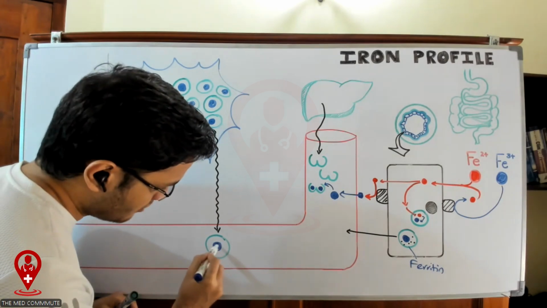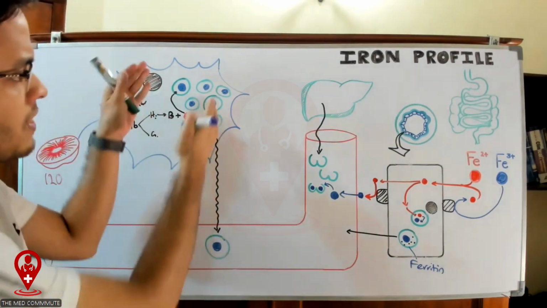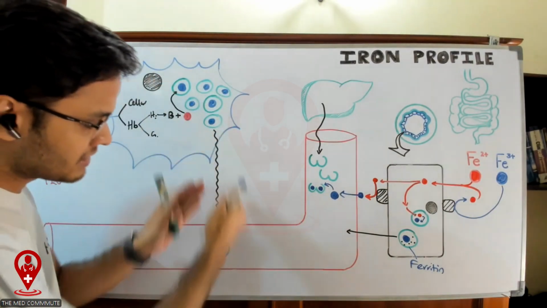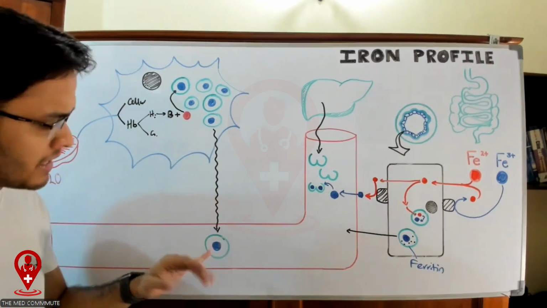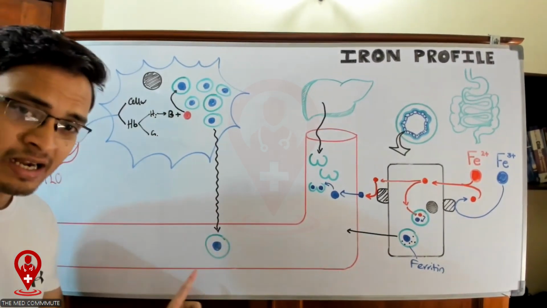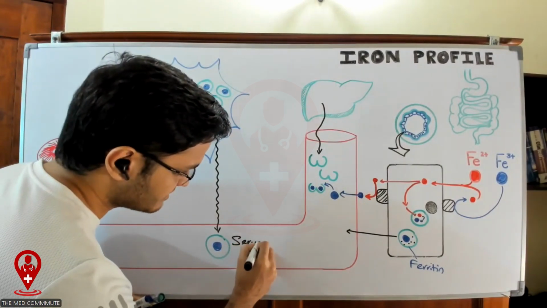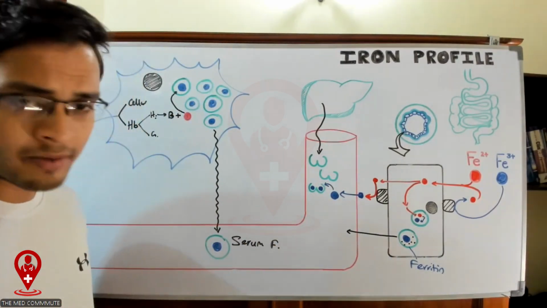Now, what is the importance of this? When there is a lot of ferritin being produced, some of it can leak into the blood. What does this tell you about the ferritin that comes into the blood? We call it serum ferritin. So what does the serum ferritin tell us?